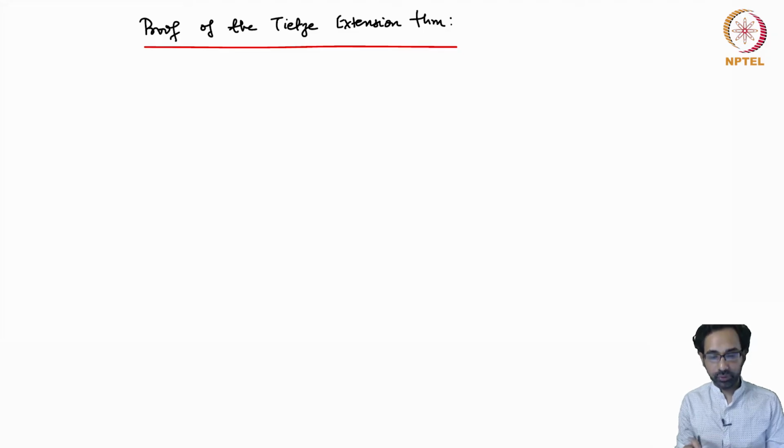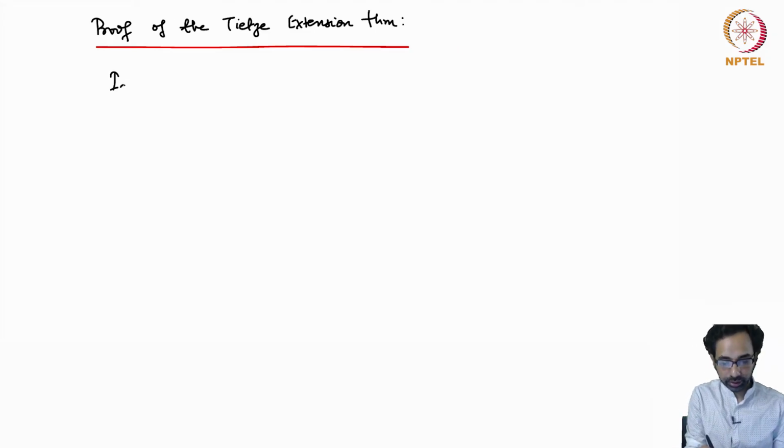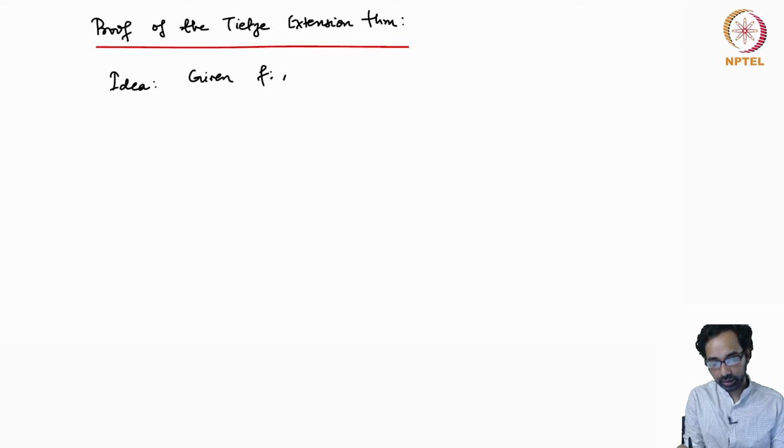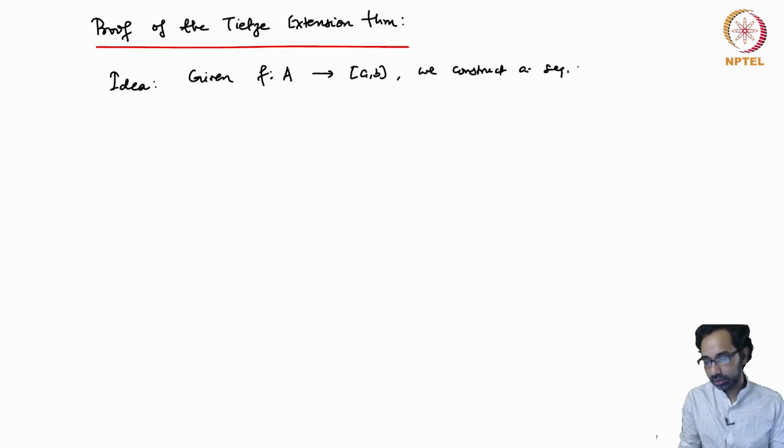So now let's begin the proof of the Tietze extension theorem. So the idea is, given a function f from some closed subspace A to [-1,1], we construct a sequence of functions Sn converging.